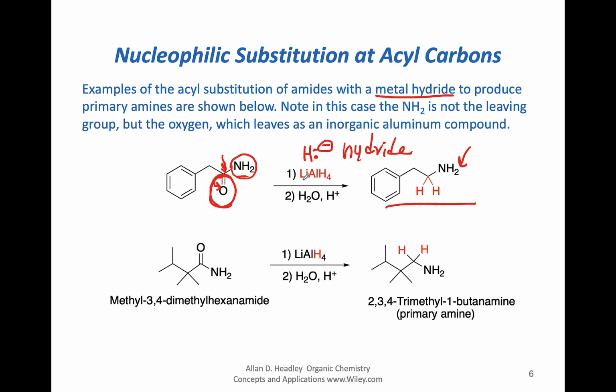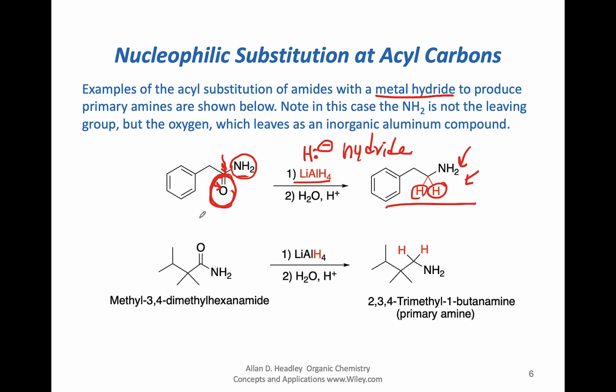So again, very tricky, because this one is unique: the NH2 doesn't leave, it's the oxygen that leaves. Here we have the product, which has two hydrogens coming from the hydride, lithium aluminum hydride, to form that as a product.